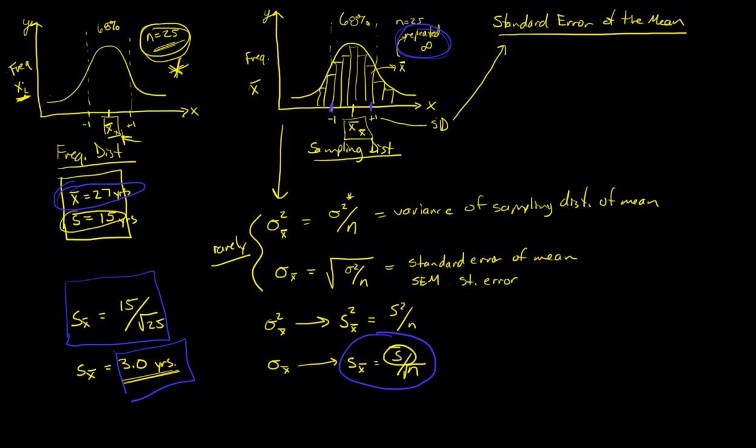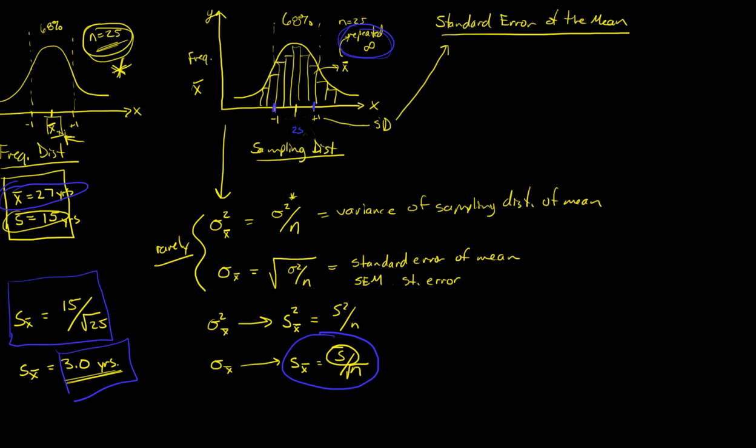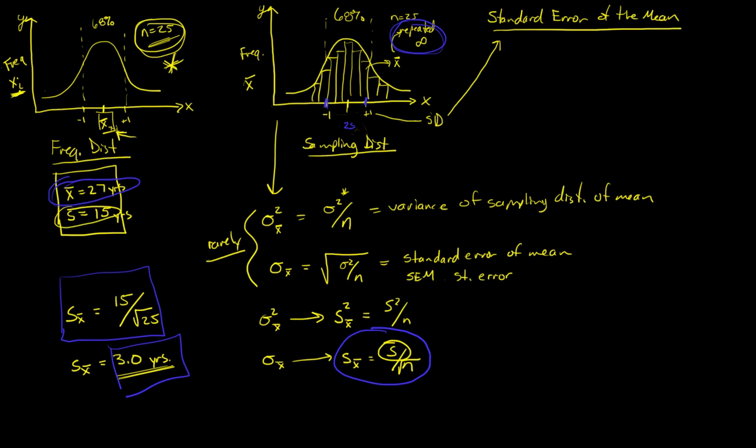And so what we're essentially saying then is that if the mean was 27, that was our point estimate of what mu might be in the population.